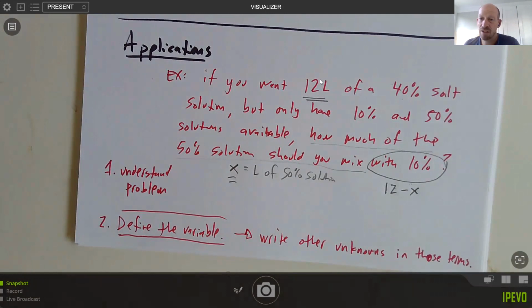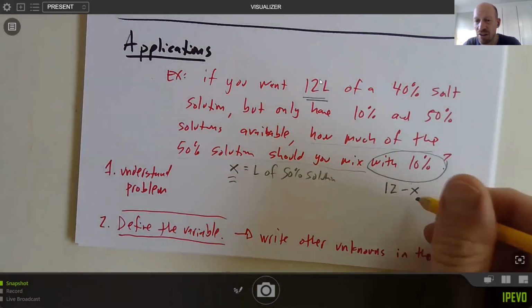Right? Like if X is 10 liters, then the 10% solution has to be 2 liters, right? 12 minus X. Whatever X is, 12 minus X is the amount of 10% solution. And I'm taking both of those together to get my 40% solution.